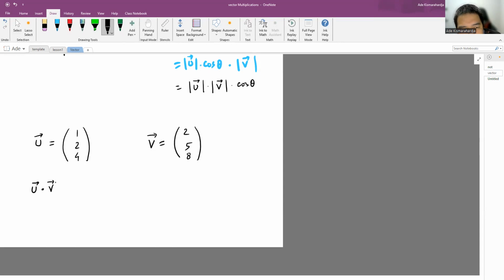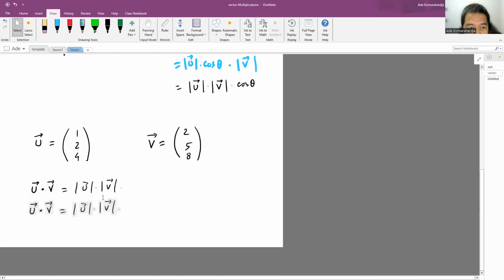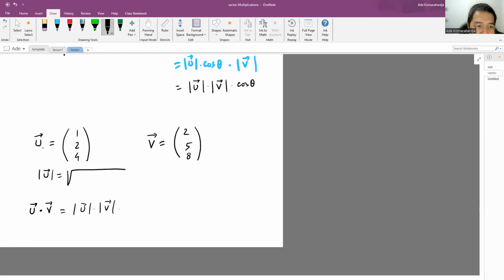If you try to get the magnitude of u times the magnitude of v, which we can do, in this case the magnitude of u is simply the square root of 1 squared plus 2 squared plus 4 squared, whatever that is. And also we can get the magnitude of v, which is the square root of 2 squared plus 5 squared plus 8 squared, whatever that is.